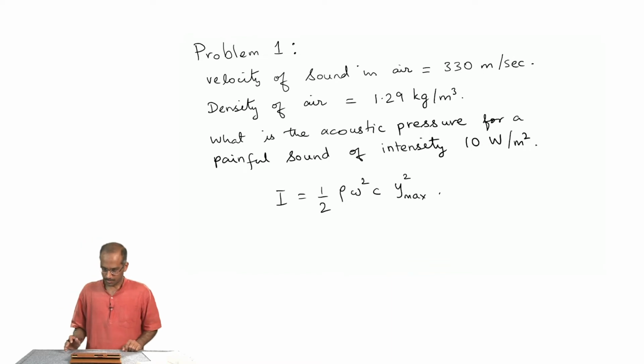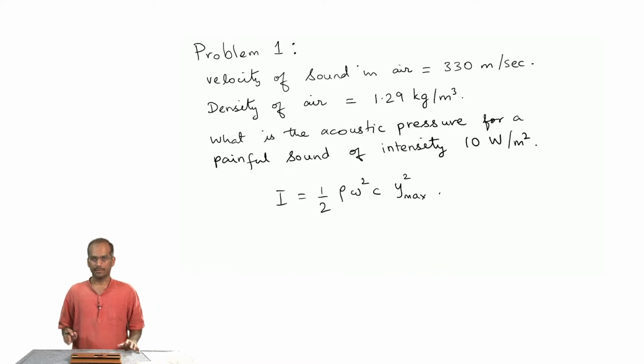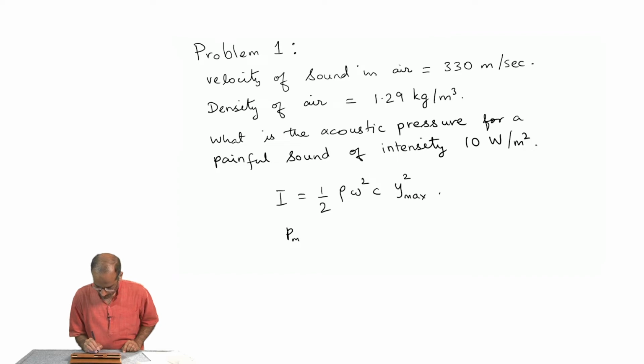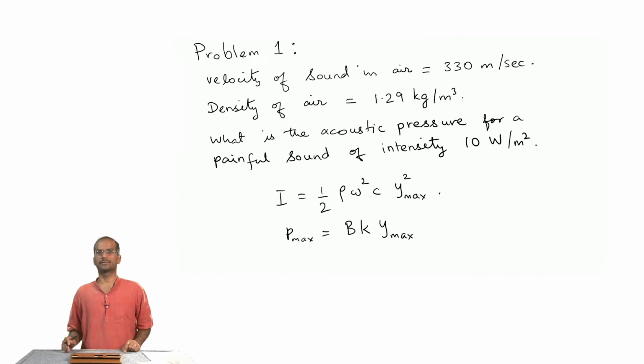So, this form relates intensity to the maximum of displacement, which is y max, and we also know that P max is related to y max by B k into y max.